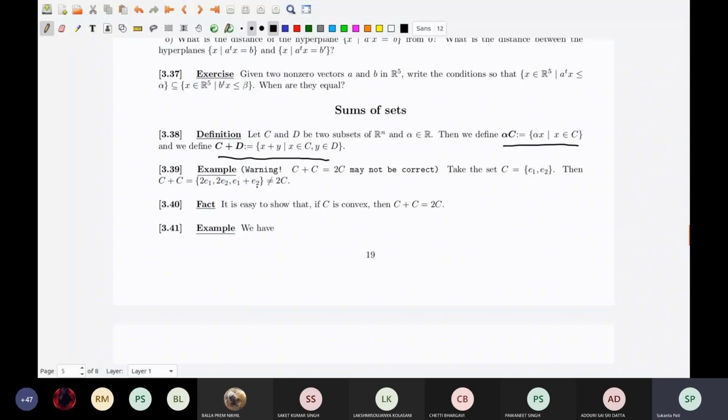Now C plus C should be x plus y such that x, y belong to C, right? So in that case, you will have E1 plus E1, E1 plus E2, E2 plus E1, but then that is the same because I am writing as a set, and E2 plus E2.